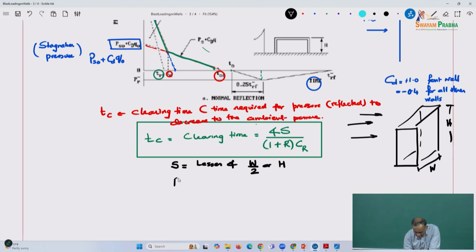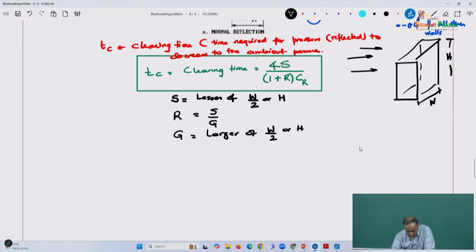Then R is given as S over G, where G is the larger of W by 2 or H, and Cr is the speed of sound.